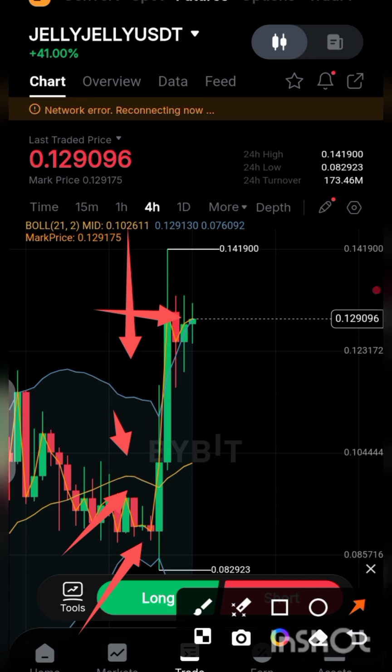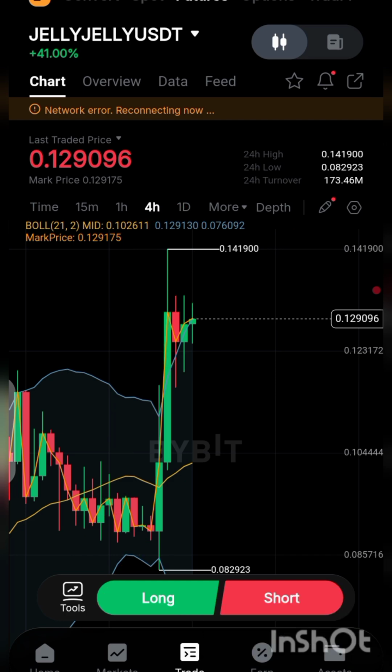Since it has crossed these 2 Bollinger Band lines and came to this place, and then retraced back, immediately it retraced back it began to form some candlesticks over to this place. So what I'm going to do is wait for this candlestick to enter inside this particular line.